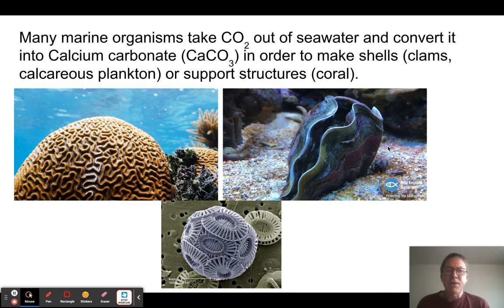Now, there's another place you might be a little bit surprised to learn that carbon can go, and that is into marine organisms that build shells or support structures.